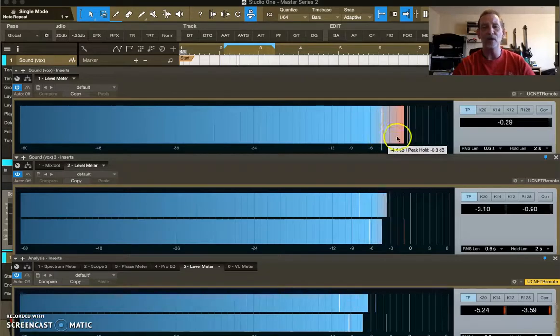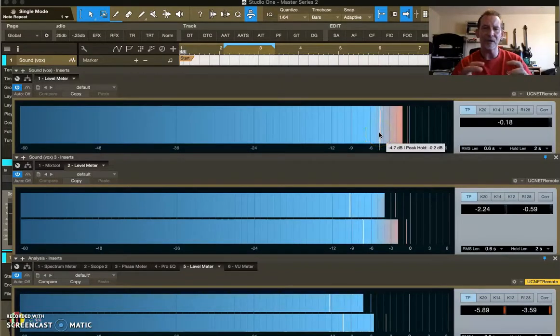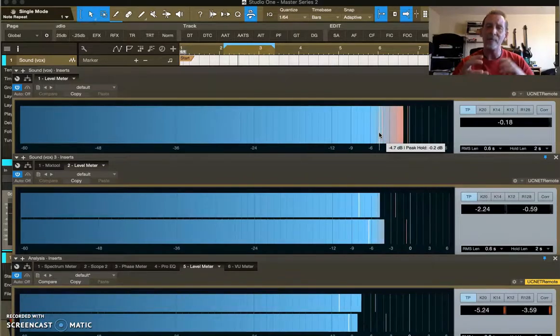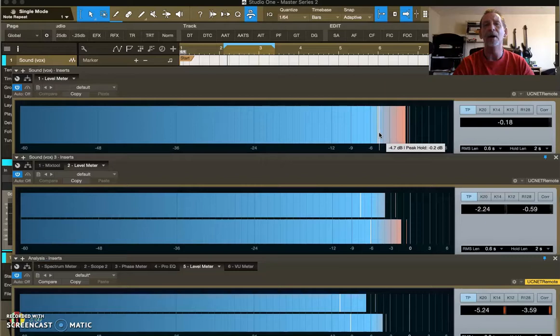You've got this peak, you've got this dynamic range, and then you've got this median. All 3 of those together are really going to help you make some determinations on those individual tracks, because you're getting better and better at understanding what that should look like as you become a better engineer, so that when you start mixing things together, you know what you're going to be looking for on those individual tracks.